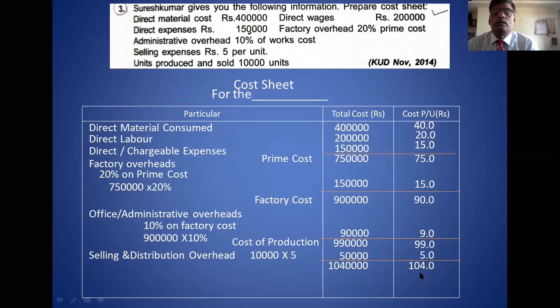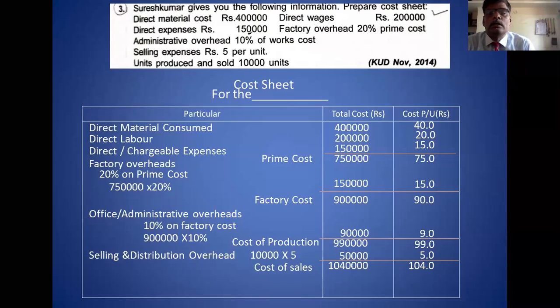Per unit is 104 rupees. And the next stage is you have to add profit or deduct the loss. But regarding profit or loss, they have not given the information.